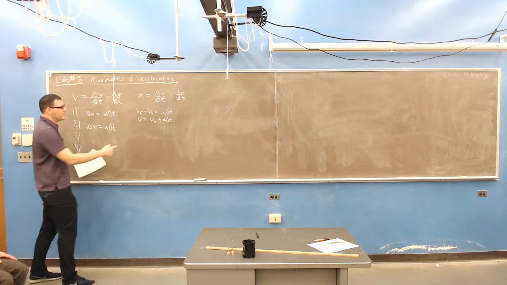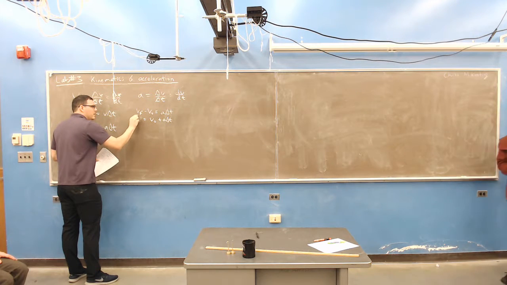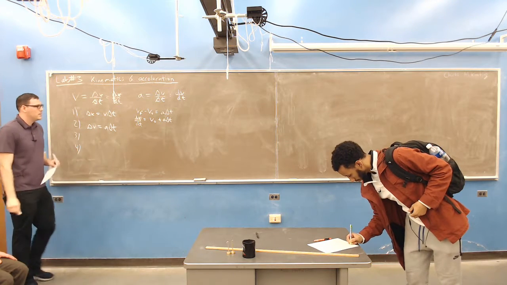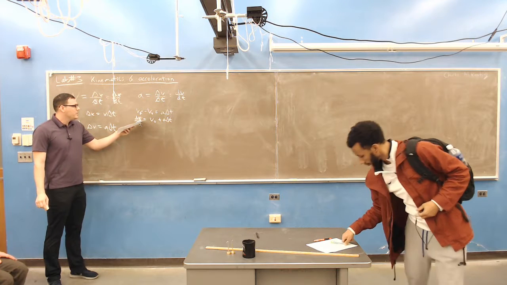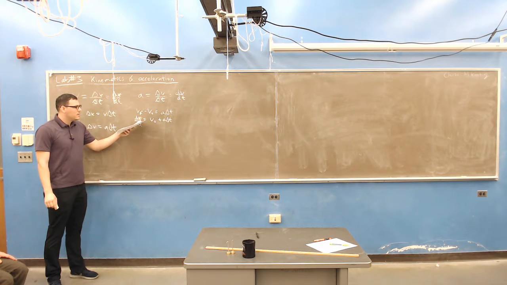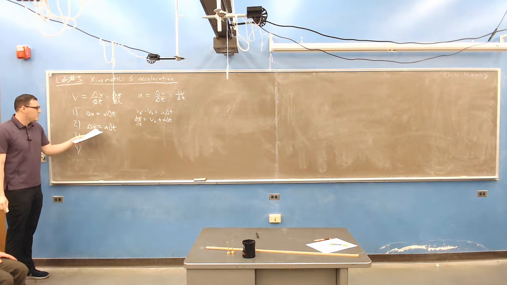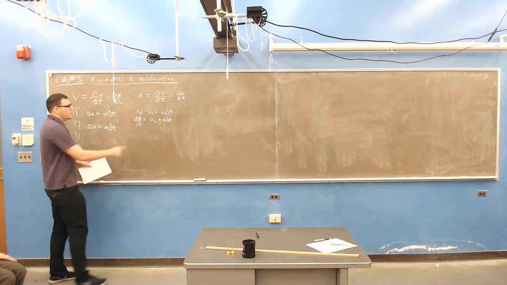And then I'm going to do something funny. I'm going to write this velocity here as dx/dt. The reason I'm doing that is because I want to know the change in position if I know my acceleration and time, not just if I know my final velocity.